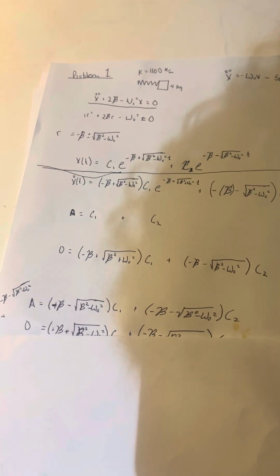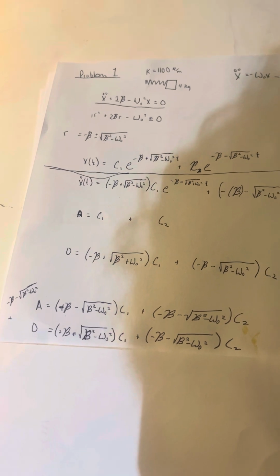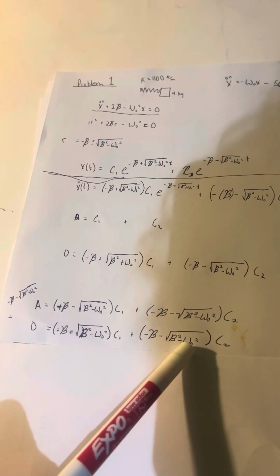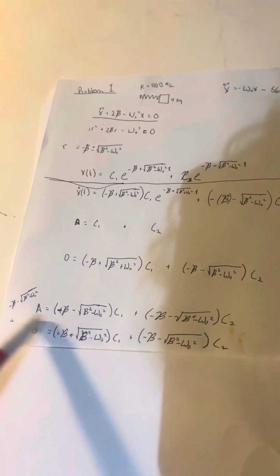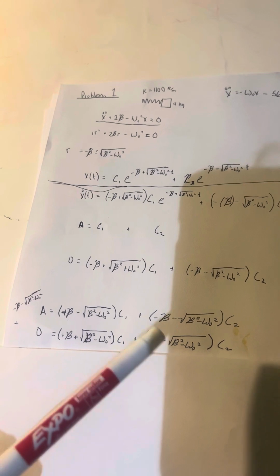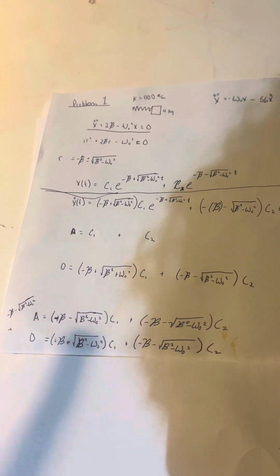Then I took the value in front of c2 in the velocity equation and multiplied it across the whole position solution, which canceled out the c2s, and I was able to subtract these equations and solve for c1.